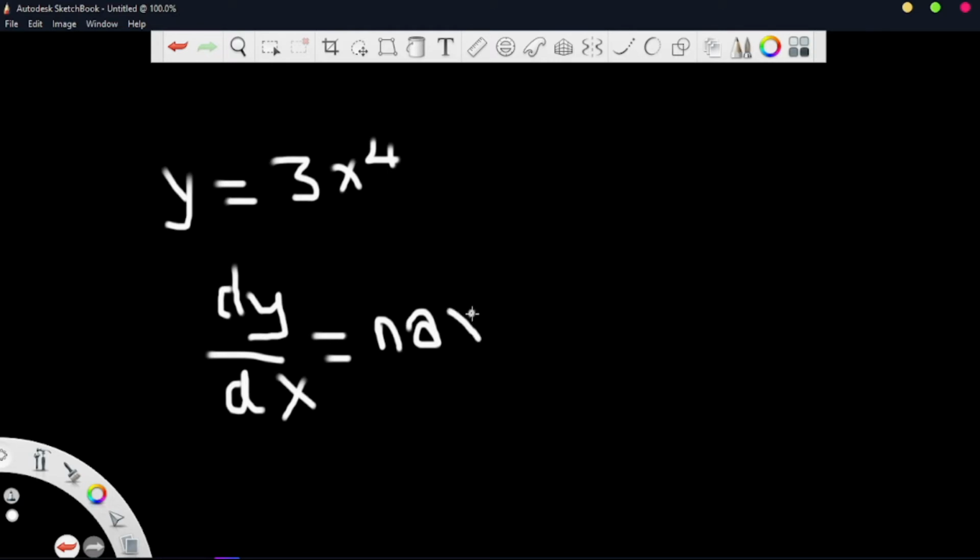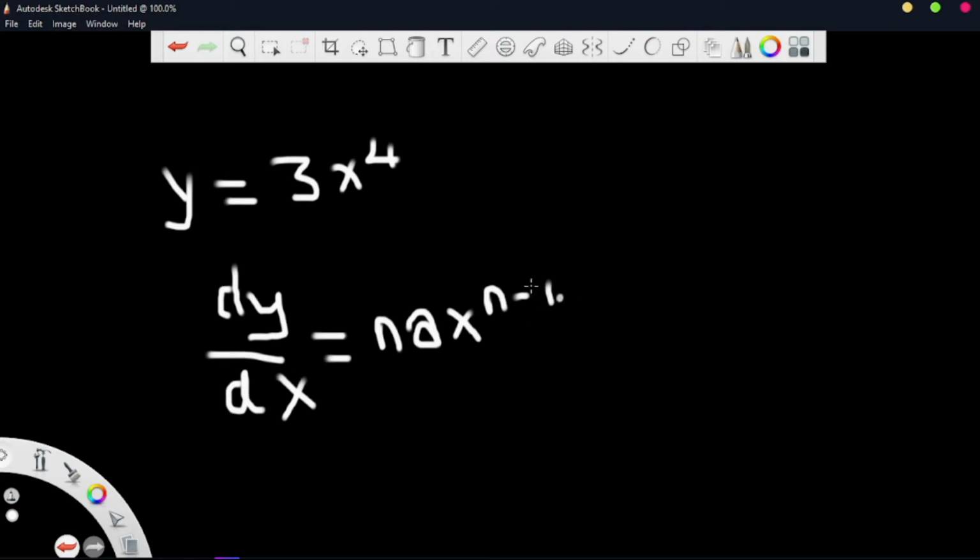I represent what everything stands for. So our n is the power, our a is the coefficient of x, and then our x will be reduced by 1. Our power will be reduced by 1.